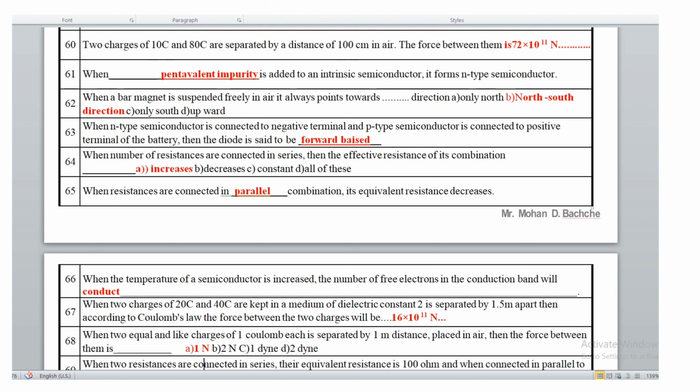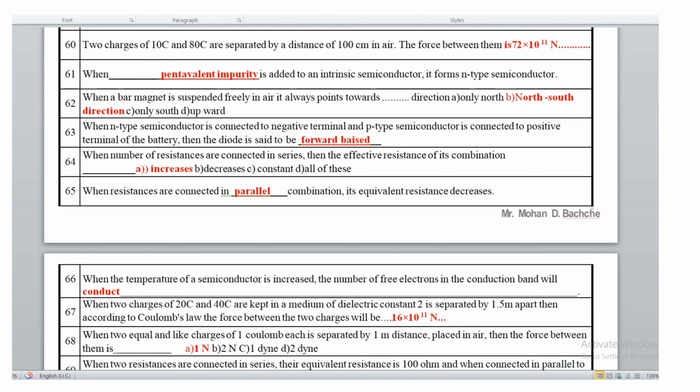When pentavalent impurity is added to an intrinsic semiconductor, it forms N-type semiconductor. When a bar magnet is suspended freely in air, it always points towards the north-south direction.